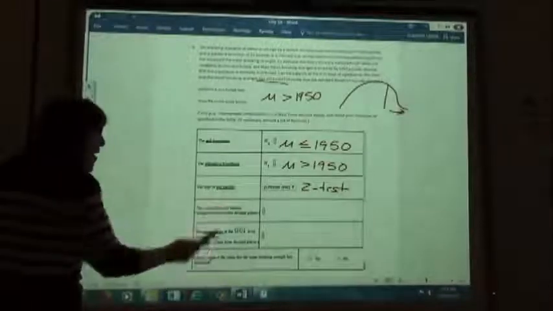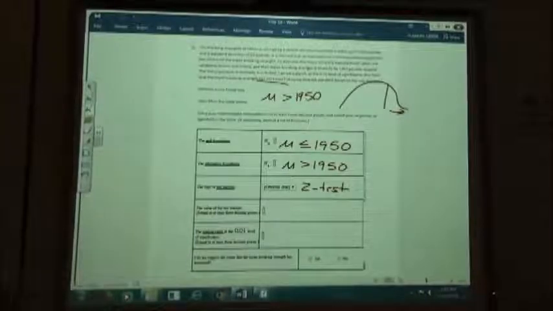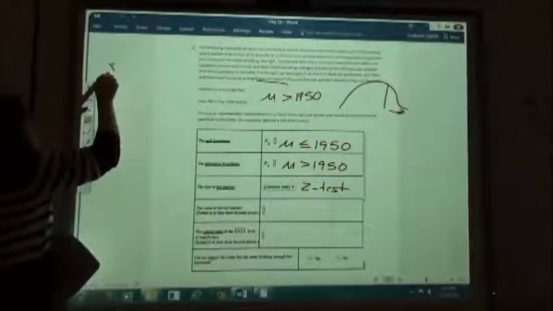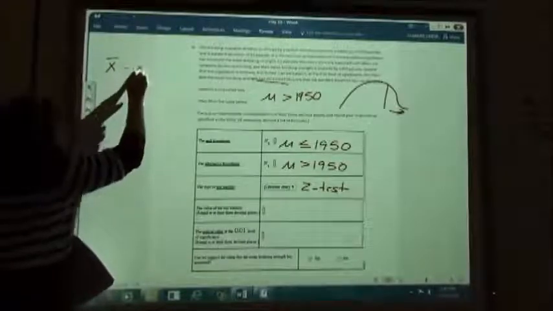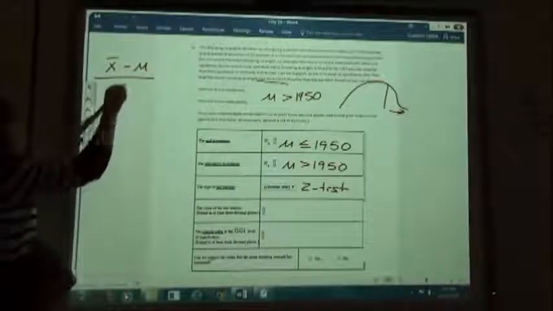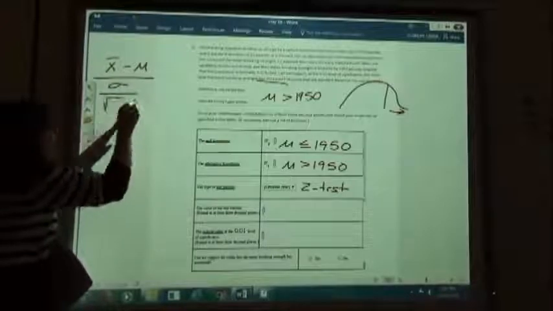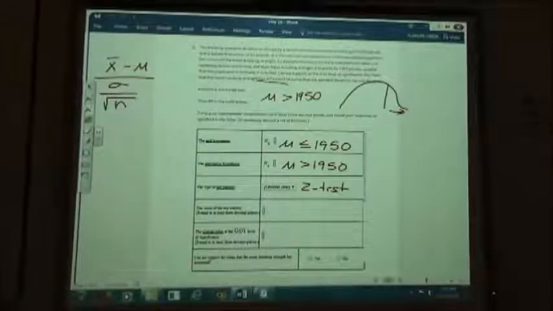So again, we're going to find the value of the test statistic. This time I'll write the formula down right. I'm going to take my sample mean minus the given mean over the standard deviation divided by the square root of n. So my sample mean is which one of those numbers? They give you two different means.